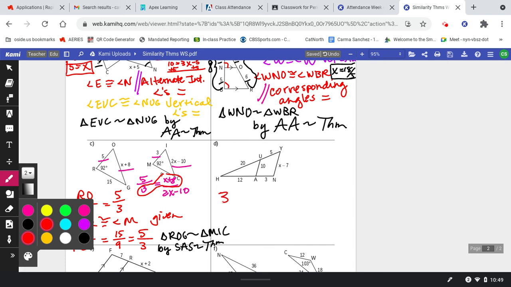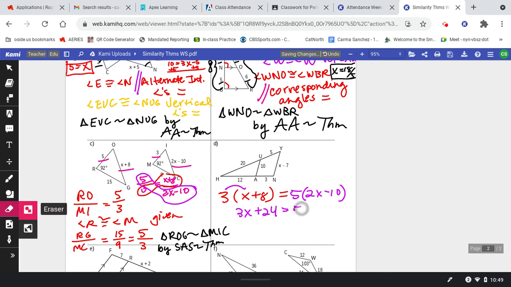I'm going to get 3 times the quantity, x plus 8, for my first diagonal. And then 5 times the quantity, 2x minus 10, for my second diagonal, which when I distribute gives me 3x plus 24. And then 10x minus 50.